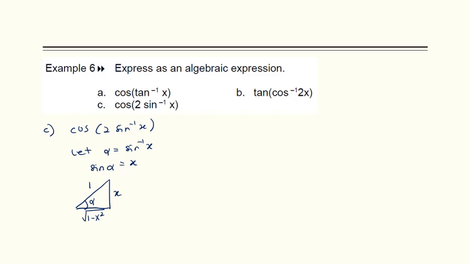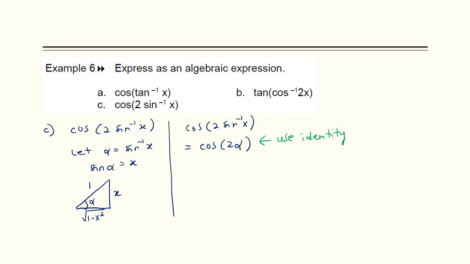Okay. So pergi balik soalan dia. Dia nak cos 2 sin inverse x. Okay. Is equal to apa? Cos 2 alpha. Nampak? So, untuk case cos 2 alpha, ini pun kena guna identity. So, what identity that we use? So, cos 2 alpha ni dia ada banyak. Dia ada 3. Dia sama dengan apa, sama dengan apa. So, nanti check.